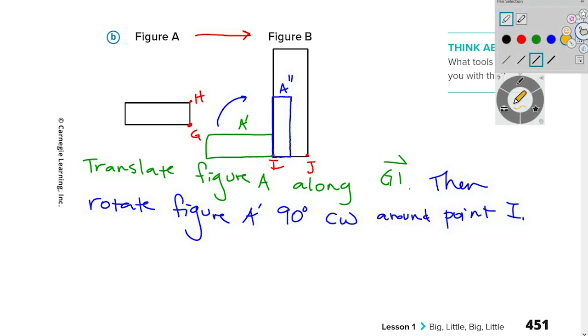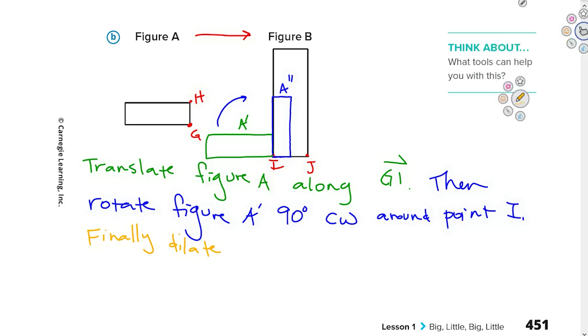Okay, and then I'm going to dilate. Finally, dilate figure A double prime from point I, that's my center of dilation, this point right here, with a scale factor, image over preimage.